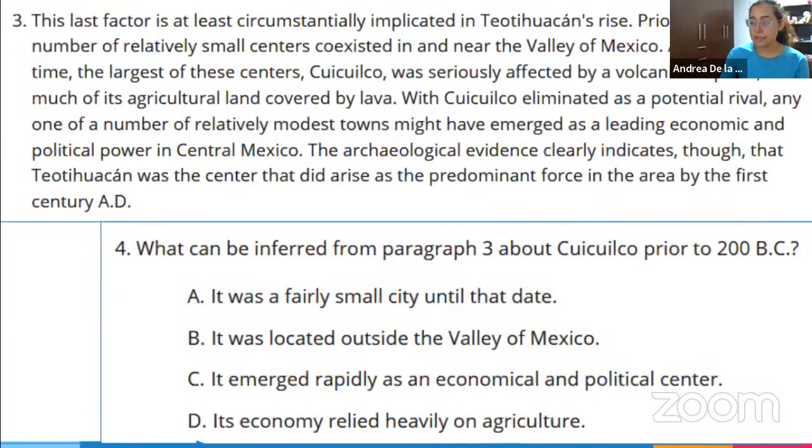Because of how it's phrased. It's always going to start with something like what can be inferred, what can be suggested, or what is suggested. If you see those words, inferred or suggested, you know you're dealing with an inference question. So you already should know what to do. Okay? We'll talk about the strategies and everything here, but first I want you to give it a try. So please, Alejandro, can you read question 4?